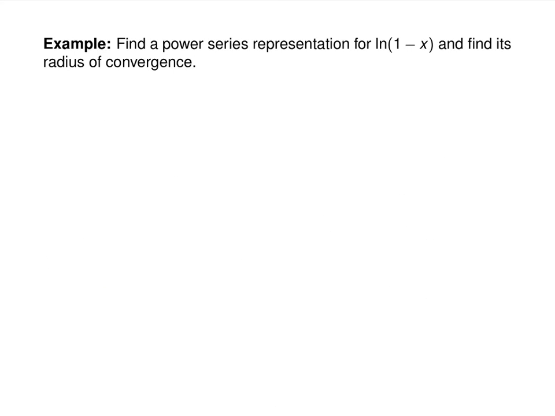All right, let's do an example where we have to actually use an integral instead. Find the power series representation for ln(1 - x). You think to yourself, the derivative of ln(1 - x) is 1 over 1 - x times -1, so -1 over 1 - x, and thus the integral of -1 over 1 - x is going to equal ln(1 - x).